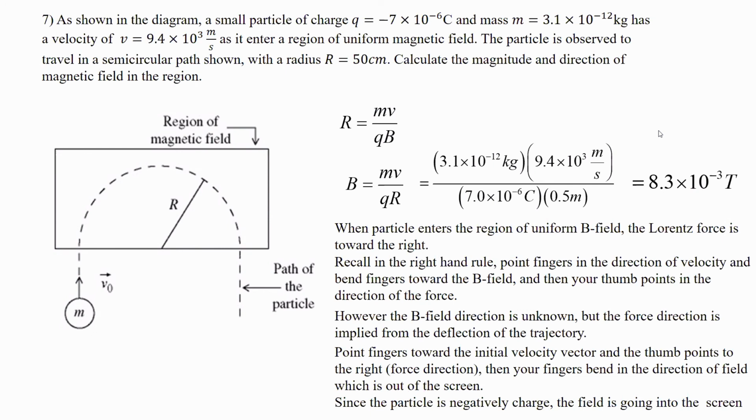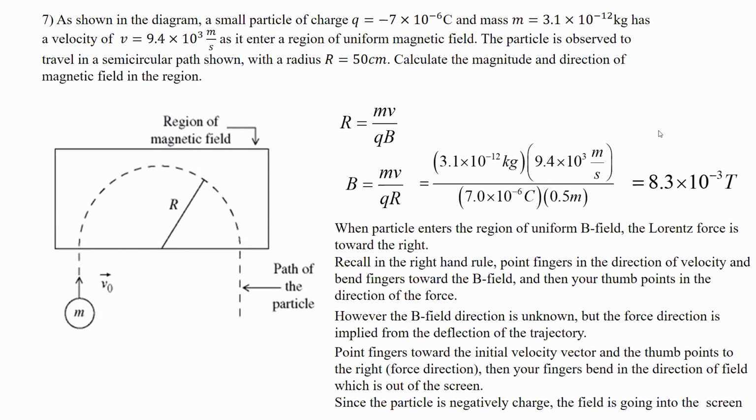So if you have your velocity crossed into the magnetic field, and the resultant is proportional to the force, then you point your fingers in the direction of the velocity.